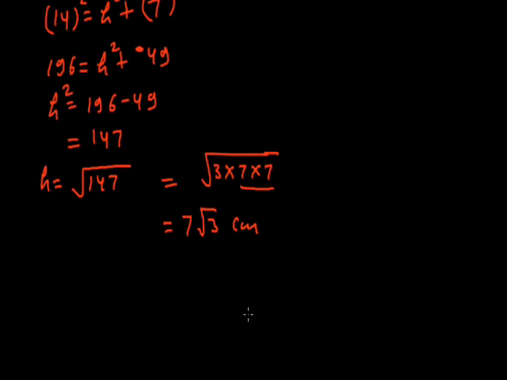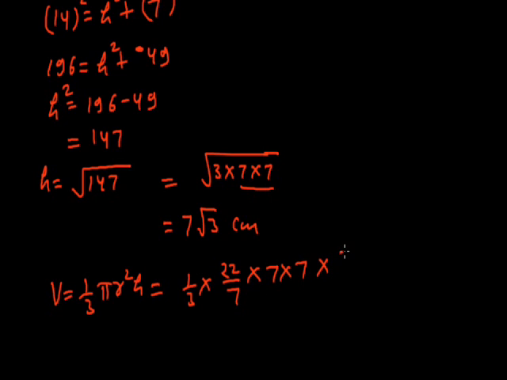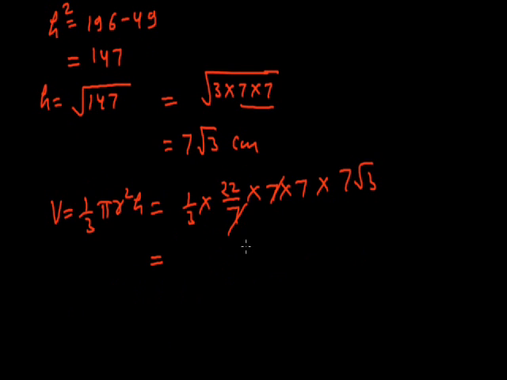So the capacity, capacity means the volume, is equal to 1 by 3 pi r square h. So 1 by 3, the value of pi is 22 upon 7, the r square is 7 into 7, and the h is 7 root 3. So 7 and 7 get cancelled. So we are left with 7 into 7, that is 49.